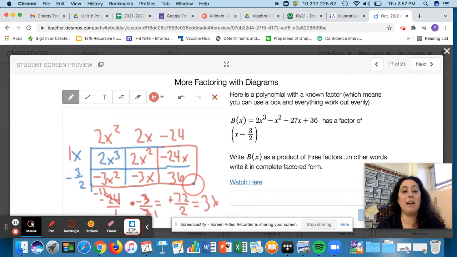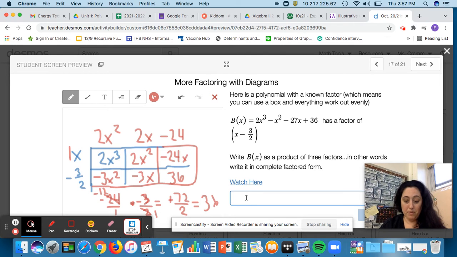I'm giving myself a pat on the back, and I'm going to type in here what I have so far. So I have x minus 3 halves. That's what they told me. And then I have 2x to the second power plus 2x minus 24.